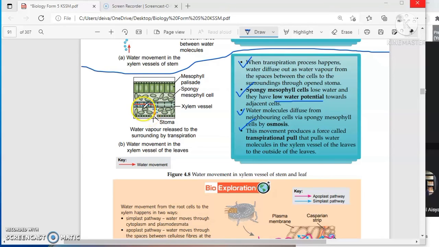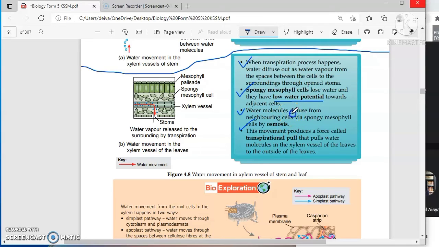And then these cells, the same thing will happen. They also will have low water potential, and this cell will take from the xylem. So water molecules will diffuse.